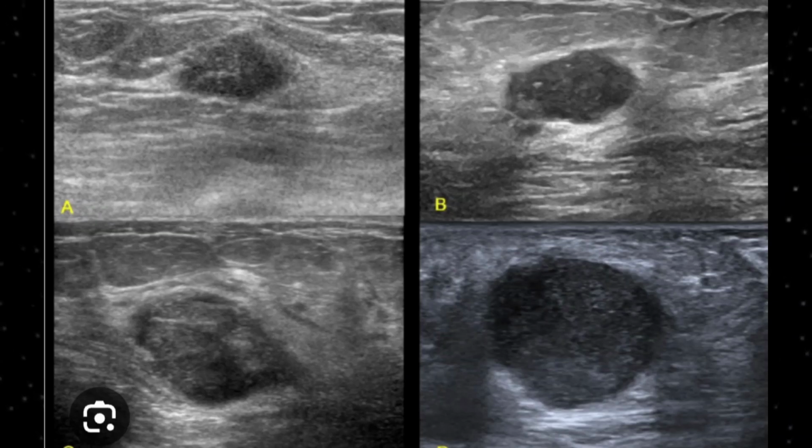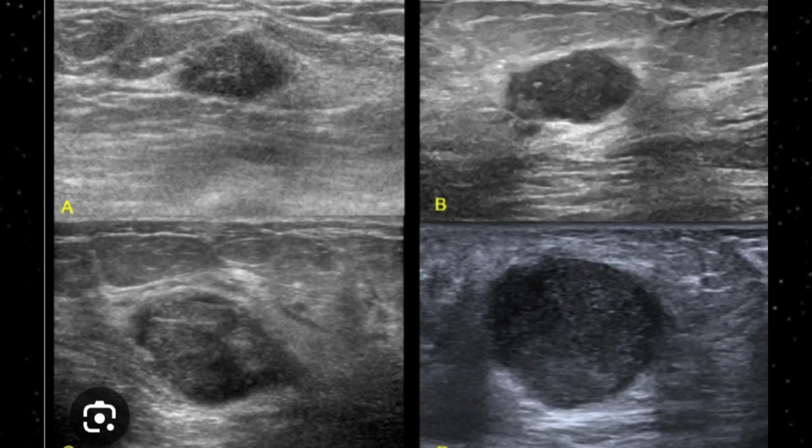On these four ultrasound images, I'm trying to explain the echotexture, and particularly I will explain the echotexture of the benign and the malignant lesion. Look at the first top image, A, which is slightly echogenic.